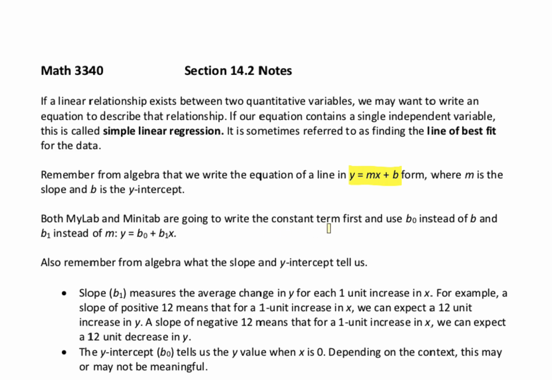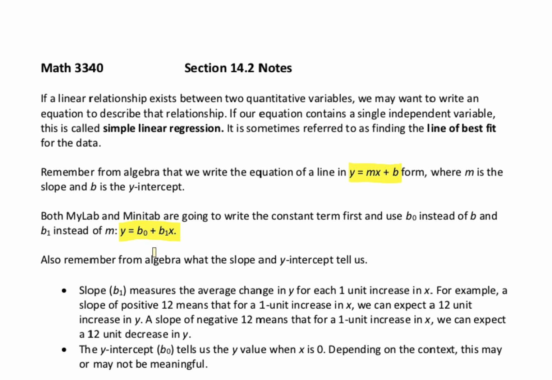We write the constant term first, so we switch these around, and then we use b0 instead of b and b1 instead of m. So the equation looks like this: y equals b0 plus b1 times x. So it's important to recognize that this is the same thing, just written a little bit differently, and that the slope is always the number in front of x, the y-intercept is always the number by itself.